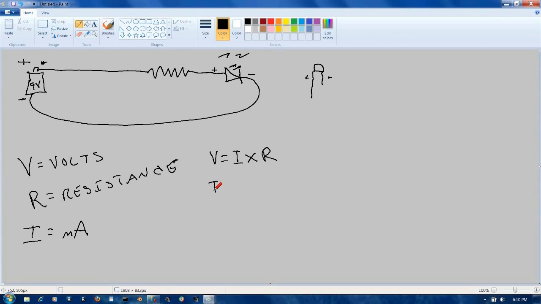Amps, I know it's I for inductance, equals volts divided by resistance. And resistance equals volts divided by amps. Or in our case, milliamps. And I'm going to get to how to do this math right now. So basically, if we have two of these, we can figure out the third one.